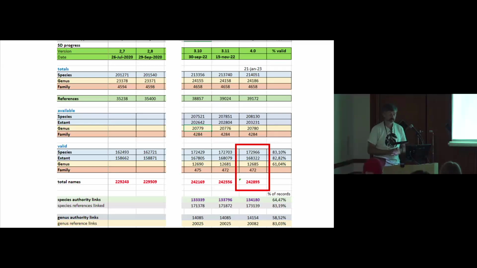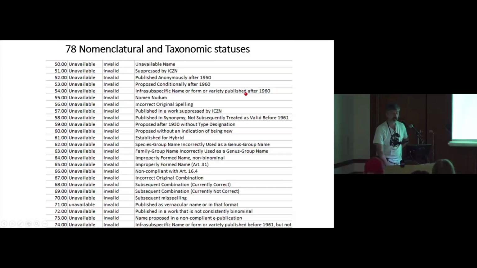Some statistics, I borrowed a slide from Thomas Pape. It's a large data set compared to other data sources coming to Catalogue of Life. So 172,000 valid species names and bibliographic references, about 40,000 data sources. It's mostly a nomenclatural checklist and bibliographical database.